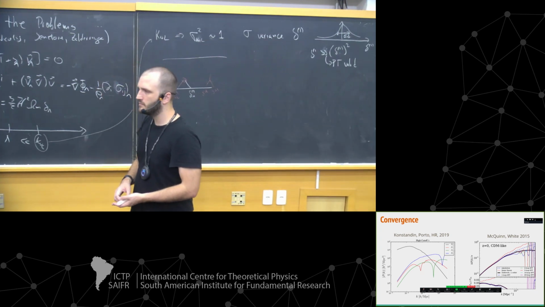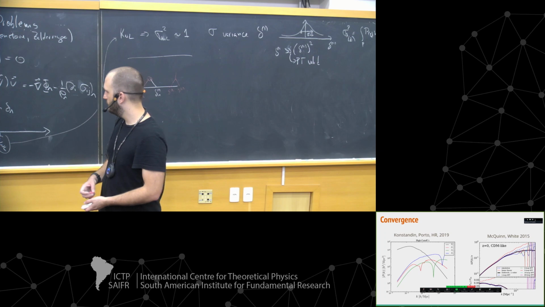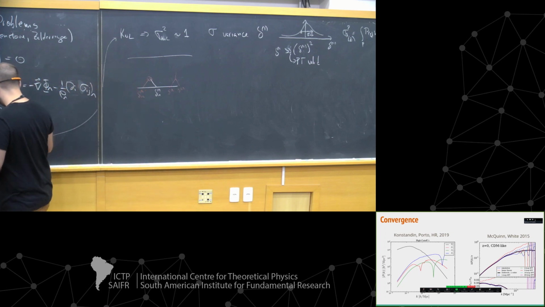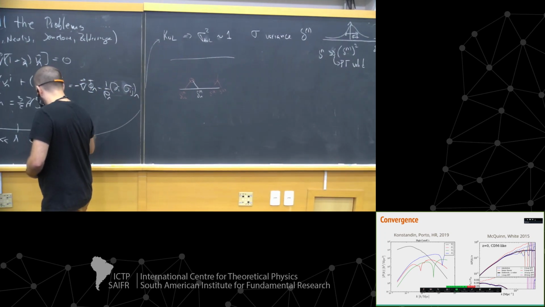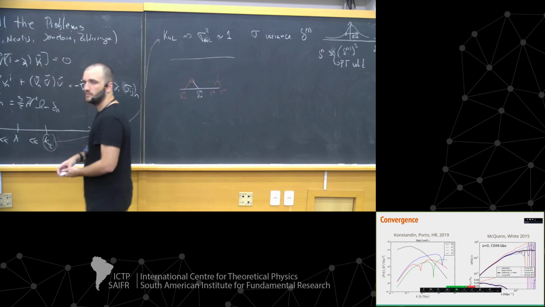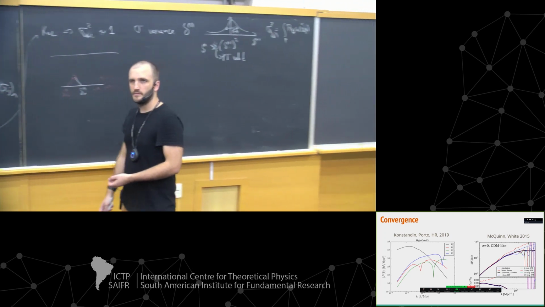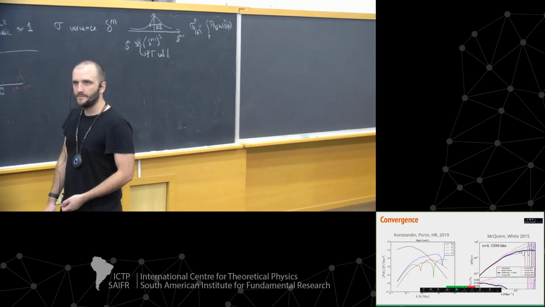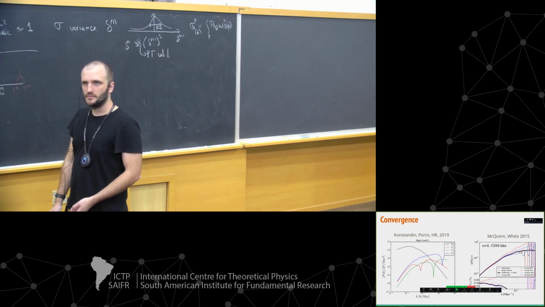So lambda depends on redshift. And k_NL now depends on redshift, right? In the end, we will try to make lambda disappear. When we renormalize, you have no explicit dependence on lambda.